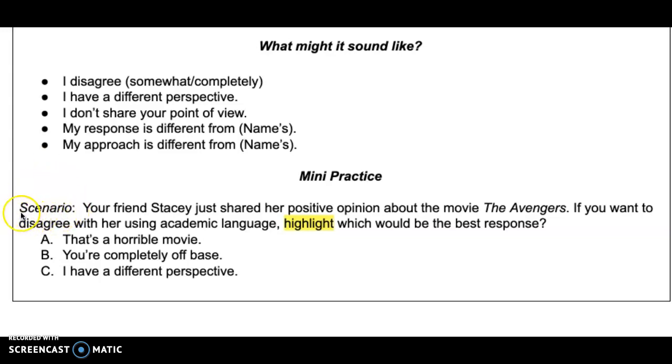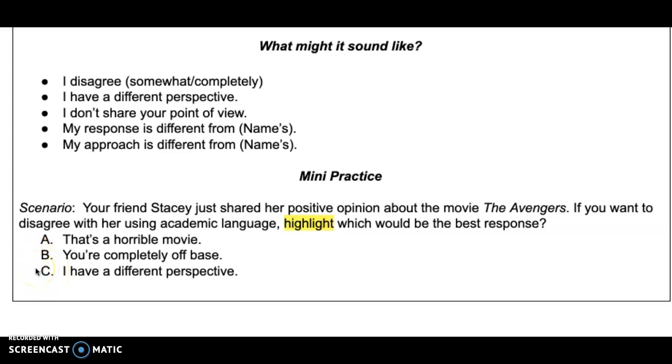Here's the scenario. Your friend Stacy just shared her positive opinion about the movie The Avengers. If you want to disagree with her using academic language, highlight which would be the best response. A, that's a horrible movie. B, you're completely off base. Or C, I have a different perspective.